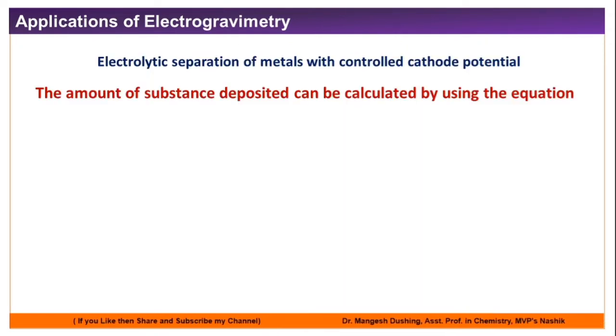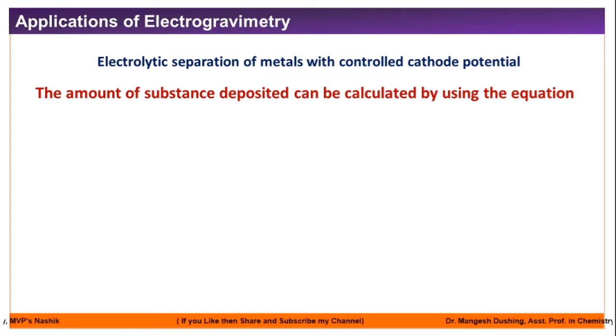Friends, in electrolytic separation of metals with controlled cathode potential, in a coulometric method, the weight of the metal deposited on the cathode is found out indirectly by measuring the quantity of electricity which is required to bring about a chemical reaction.